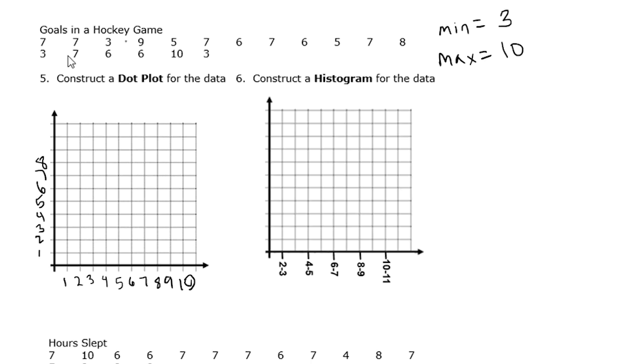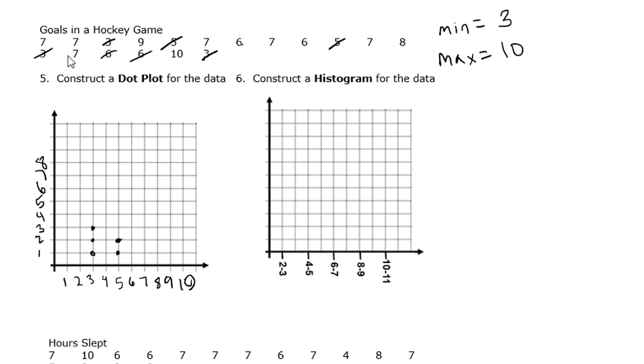So let's start with 3. We have 1, 2, 3, 3s. Now let's take a look at our 4s. We don't have any 4s. 5s. 1 and 2. 6s.